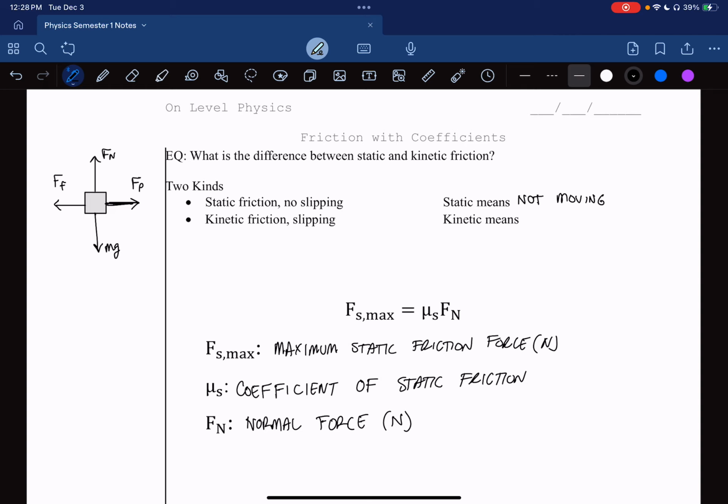Now there's still friction, but we call that kinetic friction. So here we'll just make a little note and say that kinetic in this case means moving, because it's just moving.